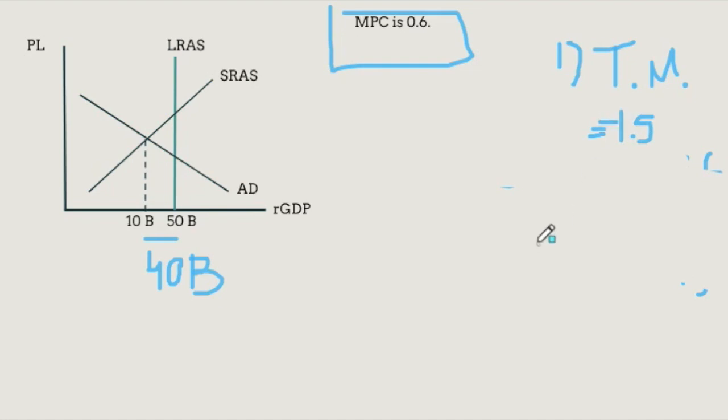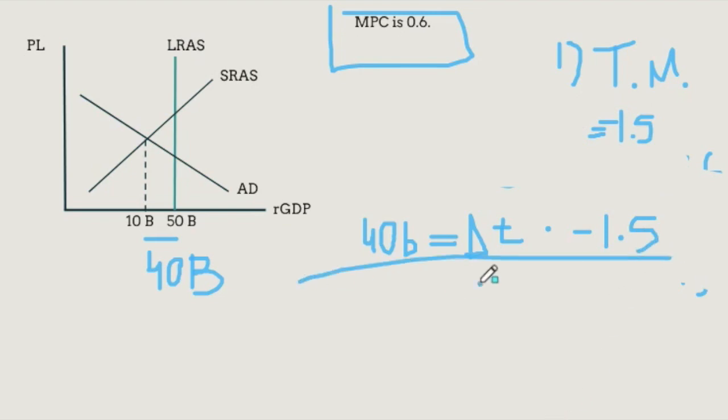After finding our tax multiplier, we're going to set up our equation. The change in GDP we're looking for, 40 billion, is going to equal delta T, the change in taxes, times the tax multiplier, which in this case is negative 1.5. Then it's just basic algebra. We divide both sides by negative 1.5.